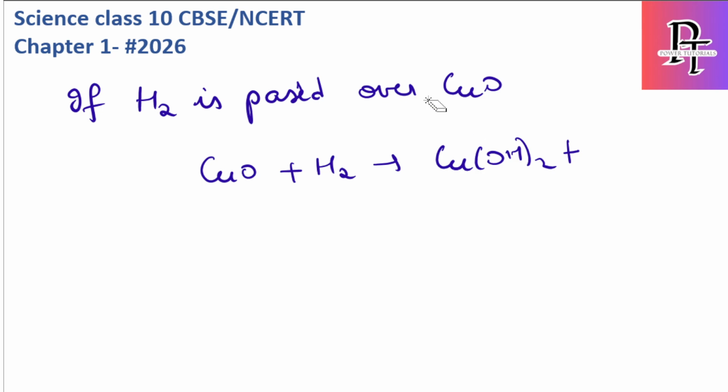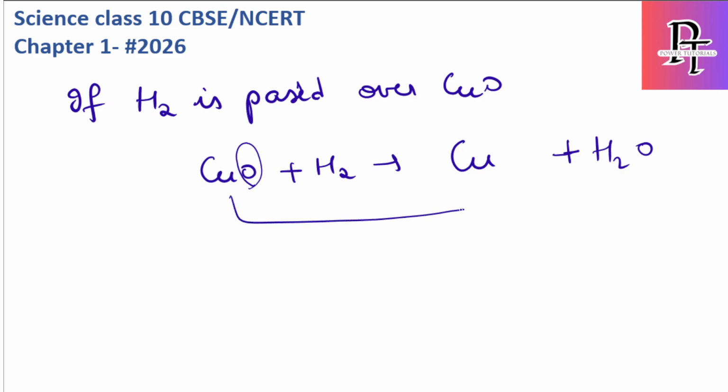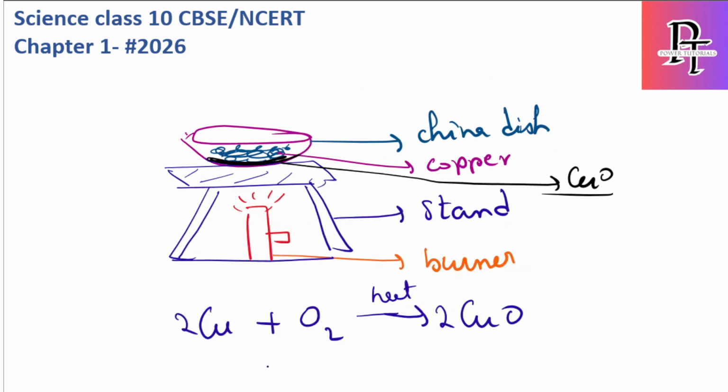Oxygen will get removed from the copper, and H2O will be created, which is water. So in this reaction, oxygen is getting removed from copper. That's why we call this reaction reduction. Whereas in the other case, oxygen is getting added, that's why we call this reaction oxidation.